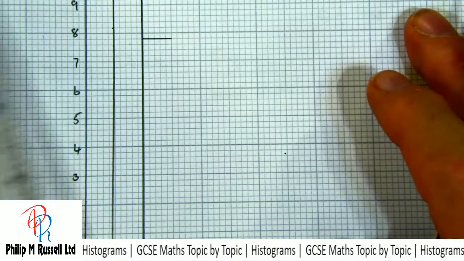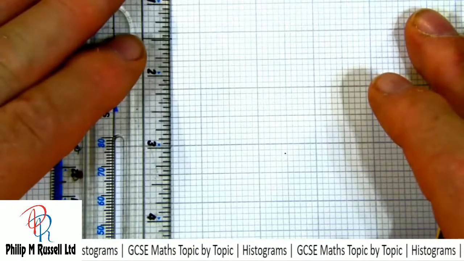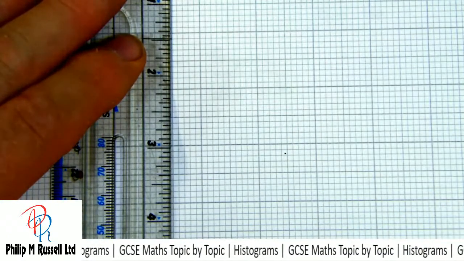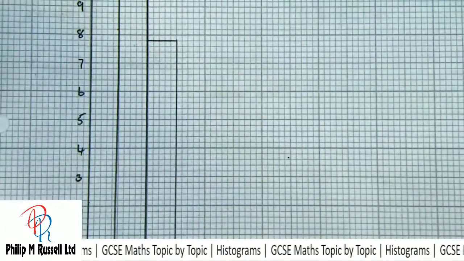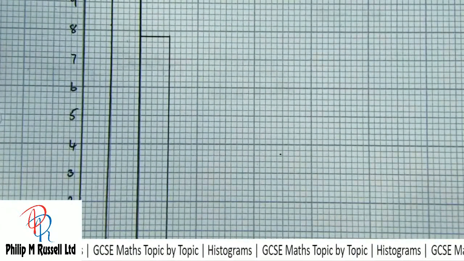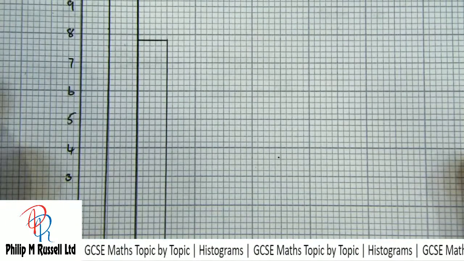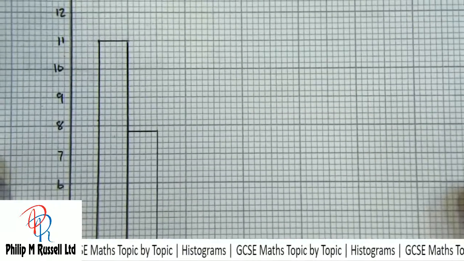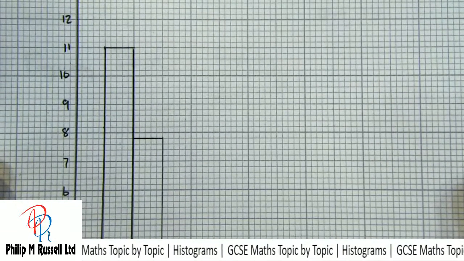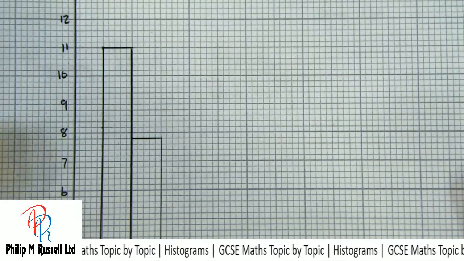My problem is I haven't fixed the piece of paper down, so it's moving around. Going along all right. This is looking like a typical bar chart really, and then we've got this massive 13.6.